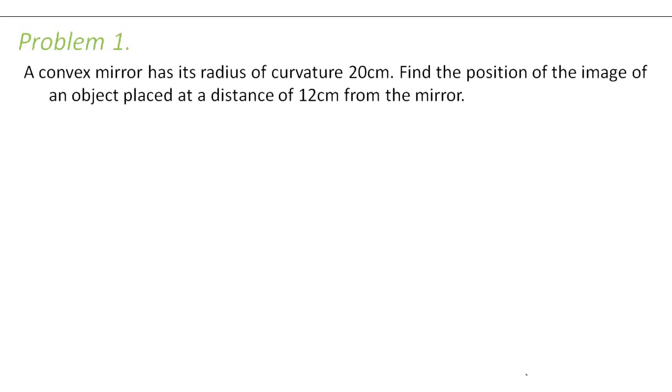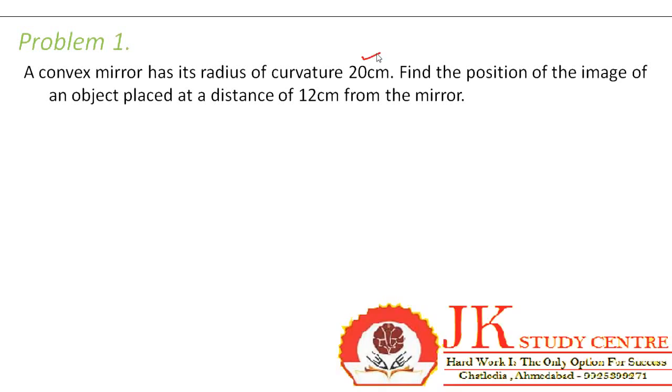The problem says that a convex mirror has its radius of curvature equal to 20 centimeters. Find the position of the image of an object placed at a distance of 12 centimeters from the mirror. So let us roughly draw a diagram. This is my convex mirror. Convex means the outside of the spherical surface is silvered, right?